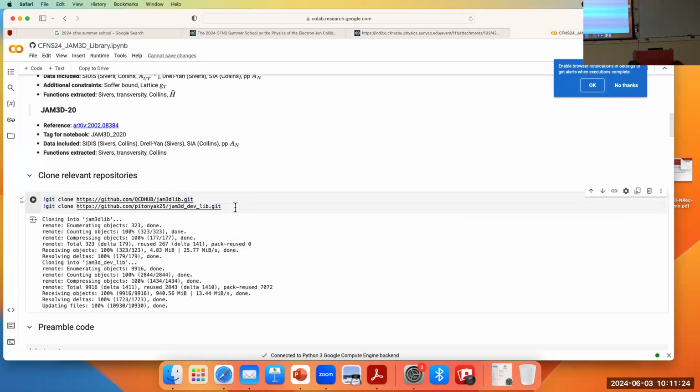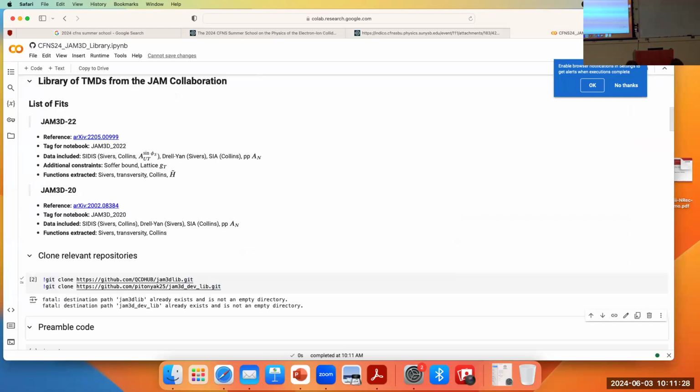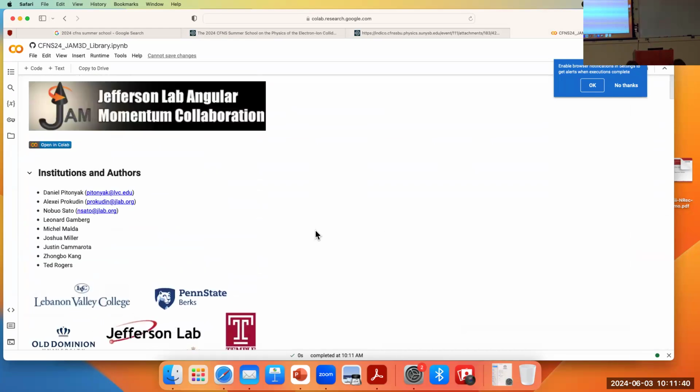So let me go here. You have an example of a code which you can run on Google Cloud. On any computer it should work, even on your phone. This code here is a library which we created for our results of extractions of all these transverse momentum dependent distributions that we performed in 2020, 2021.